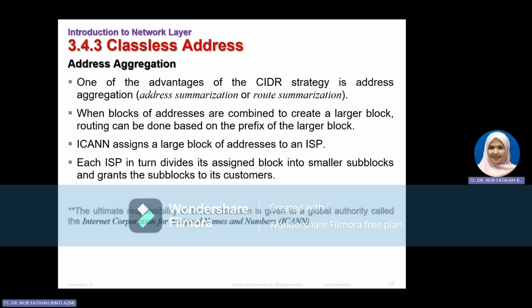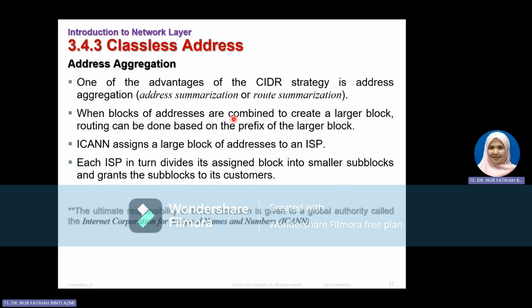Now imagine if every single house in the city had its own separate instruction at every post office along the way. It would be a huge and complicated system. So address aggregation is like grouping houses in the same area under one general instruction.